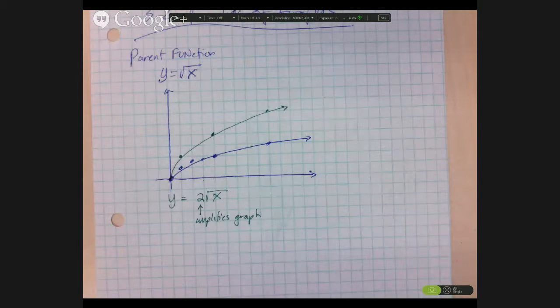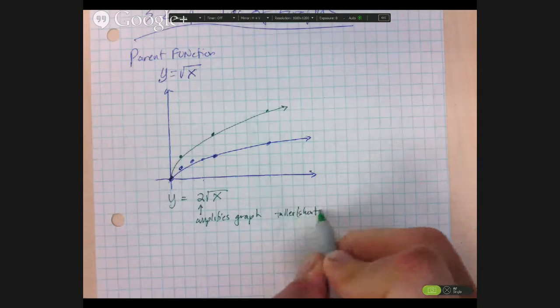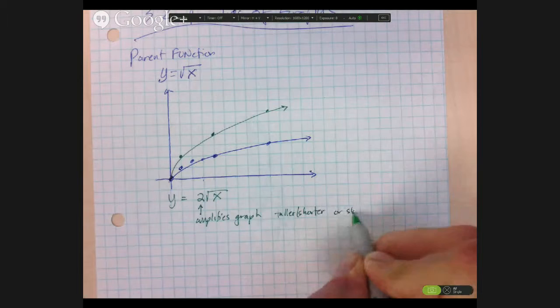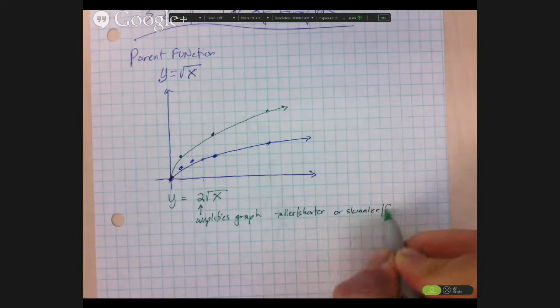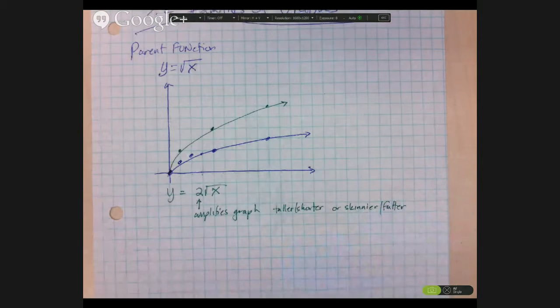On some others, it'll make it skinnier or fatter. Okay? Just like eating too much food. You get a little bit large. What makes it skinnier and fatter? That number in front. I'll show you an example there on a different function.